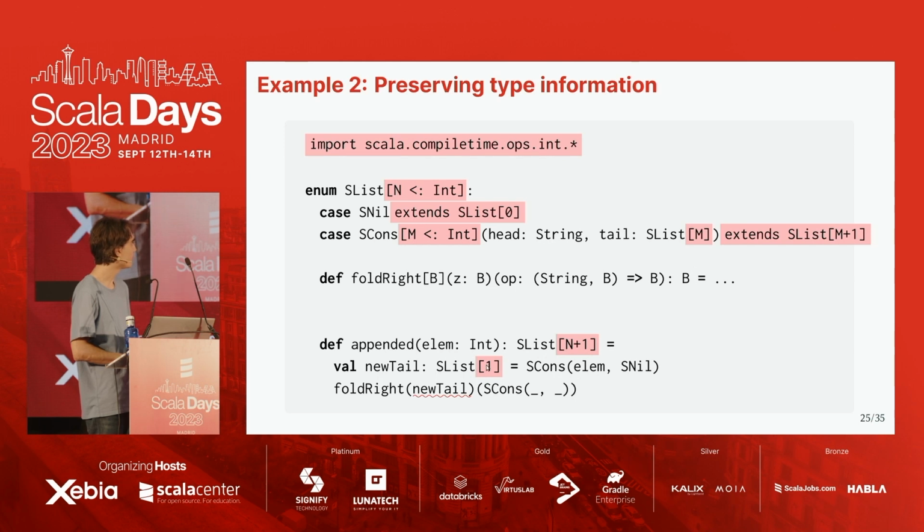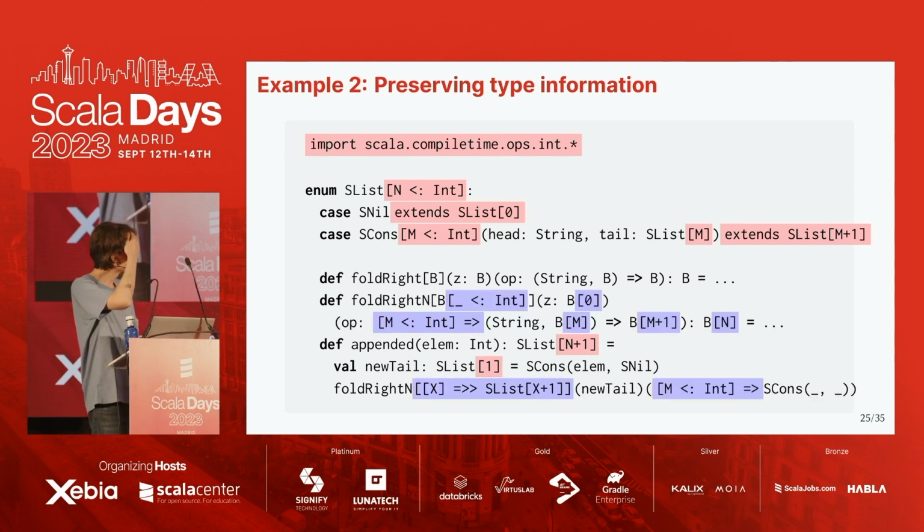But my last element of my list has size 1, because there's only one element, and my complete list has size n plus 1, so the types don't match anymore. So I need a more generic fold right. Can you guess what it looks like?